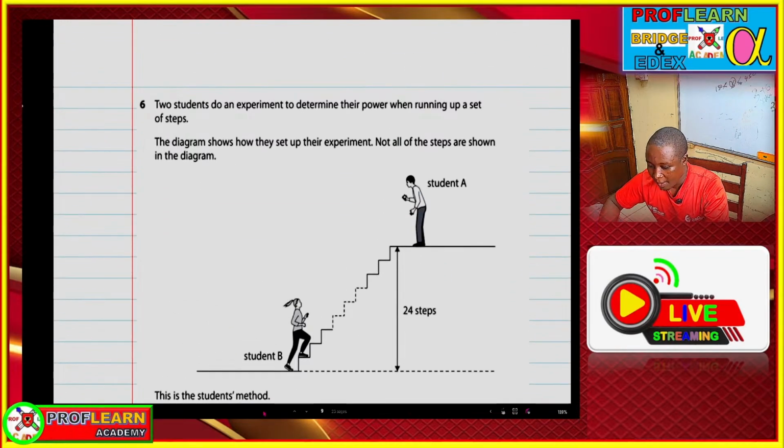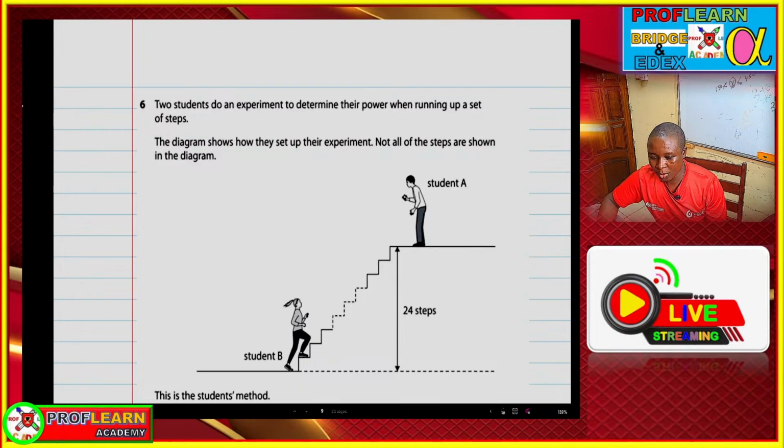So that is exactly how you are supposed to put your answer whenever you are given a question like that. We have the next part here whereby we are assessing how to determine power. Remember, power is the rate at which energy is transferred. And in that case, we are having two people here, student A and student B, who are doing this experiment.